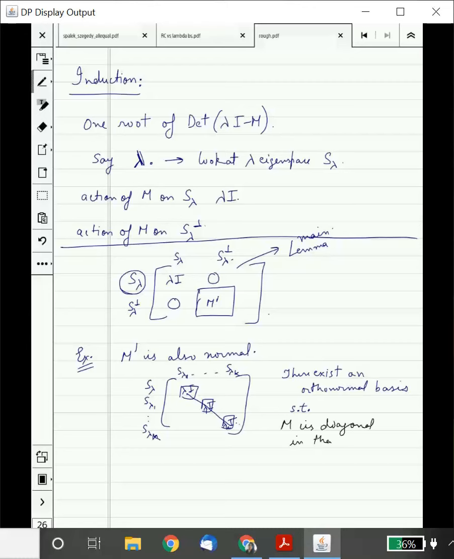What is that basis? It's basically the basis of S lambda, then the basis of S lambda 1, up to the basis of S lambda k. This is the whole idea of the proof of spectral decomposition. Once we know that M acts separately on S lambda and S lambda perp, then we just apply induction and things nicely fall out into a diagonal.